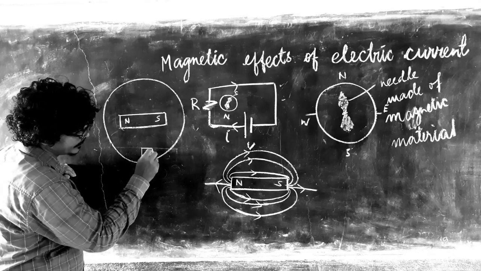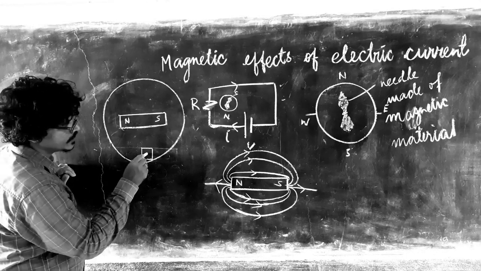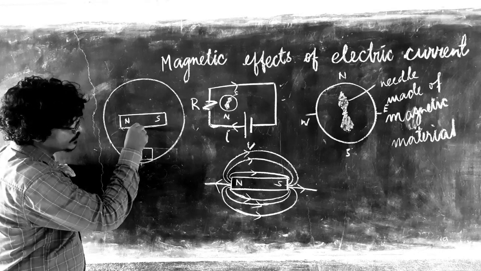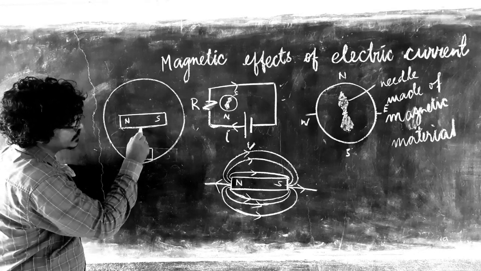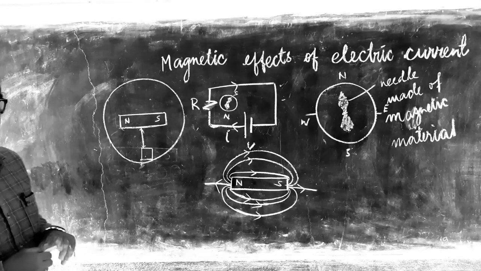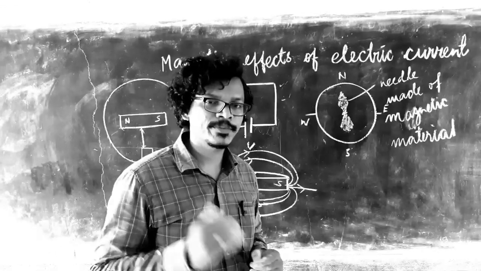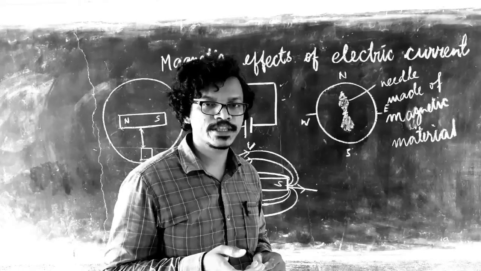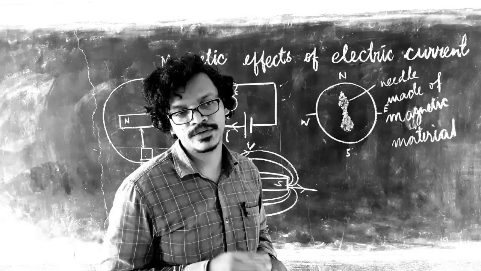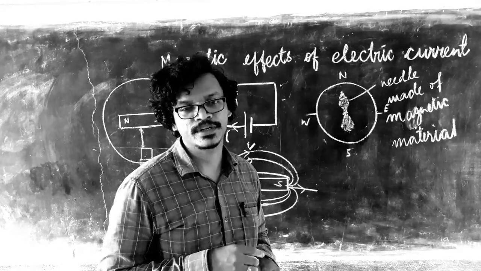Suppose you put some magnetic material here. Force will be applied to this magnetic material. There is no contact between these two, but still force is applied. So the magnetic field is the region created by magnetic material. Whenever any other magnetic material is brought into that region, magnetic force will be applied to that second material. That is the magnetic field.